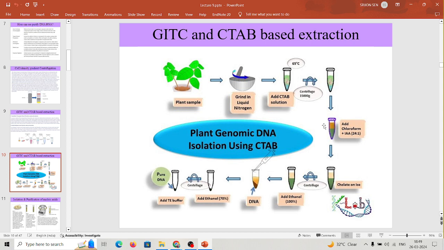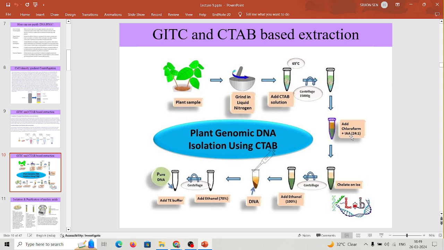Then you add chloroform plus isoamyl alcohol in the ratio 24:1. Then it is chilled on ice, centrifuged, and then you add ethanol. Ethanol precipitates the DNA. You can see the DNA gets precipitated.